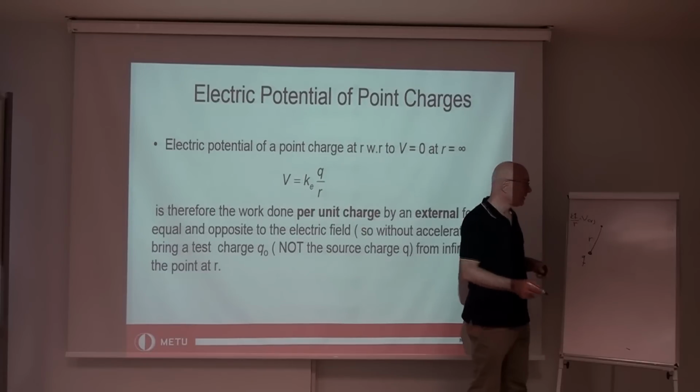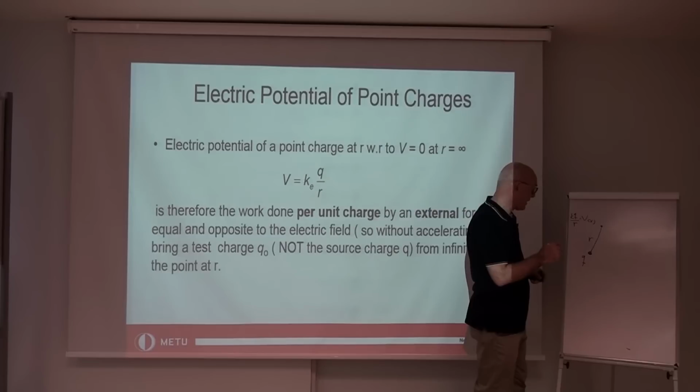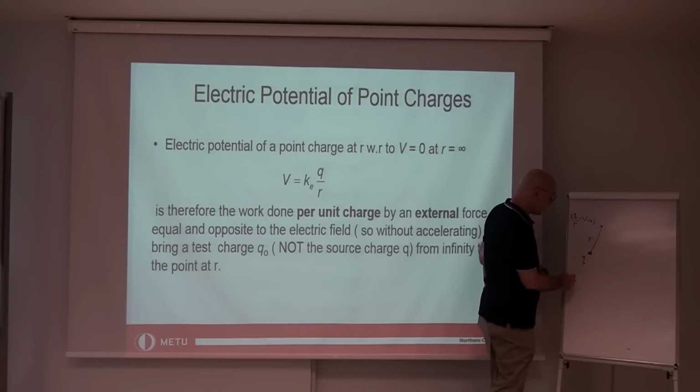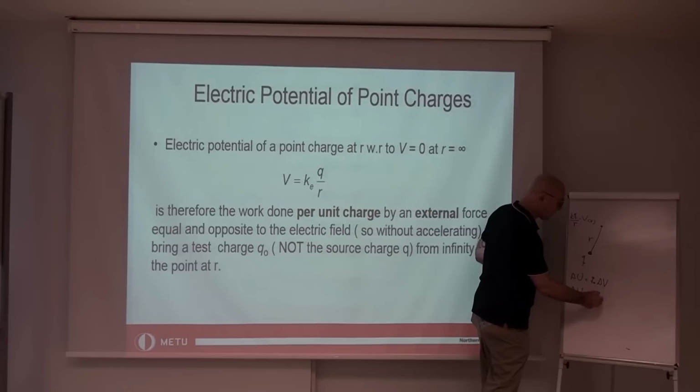V of r. Now, you remember, it means the following. We know that delta U is equal to Q naught delta V. And therefore, delta V is equal to delta U over Q naught.